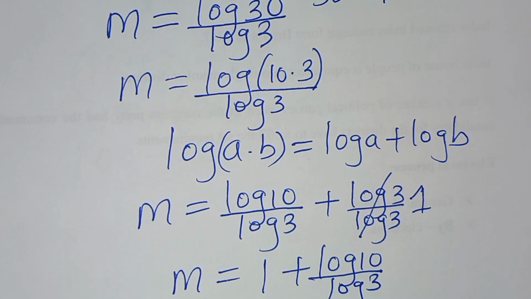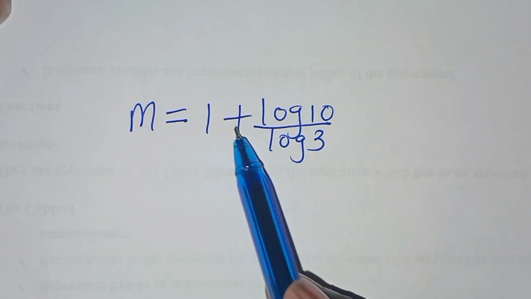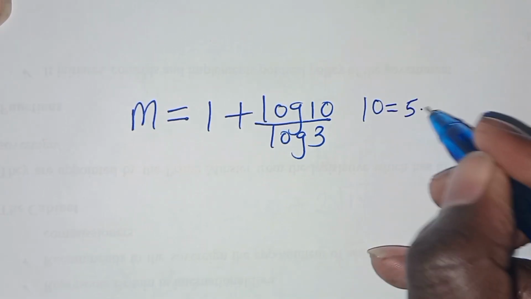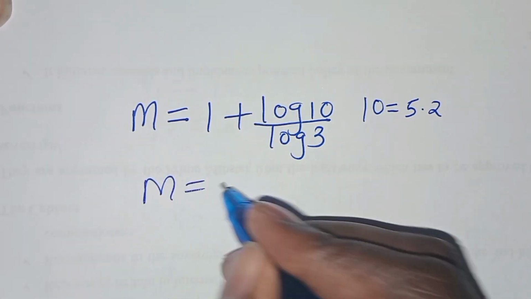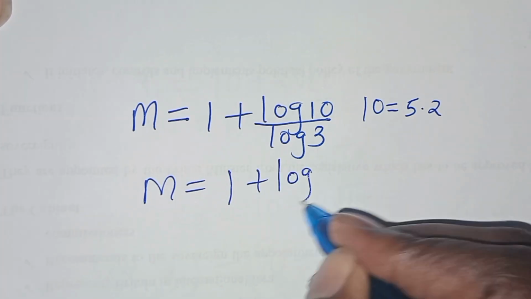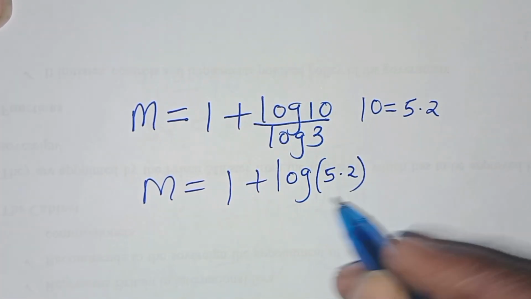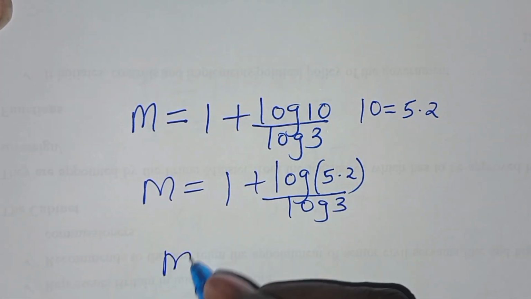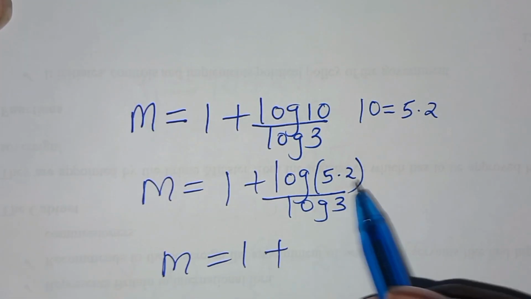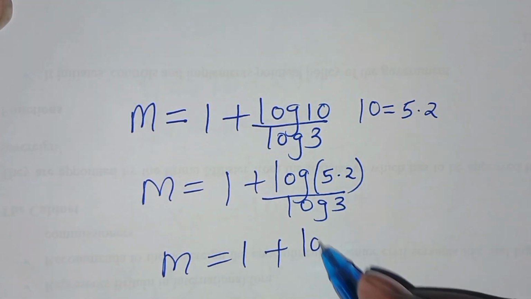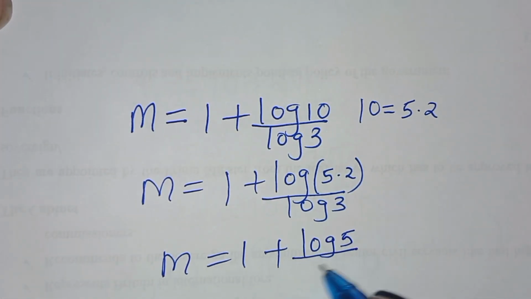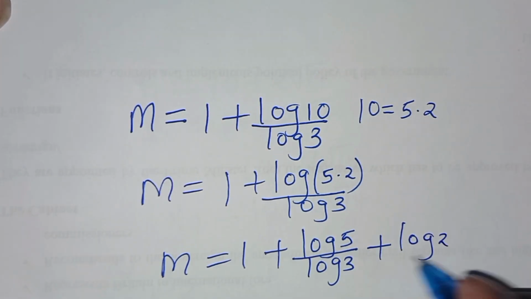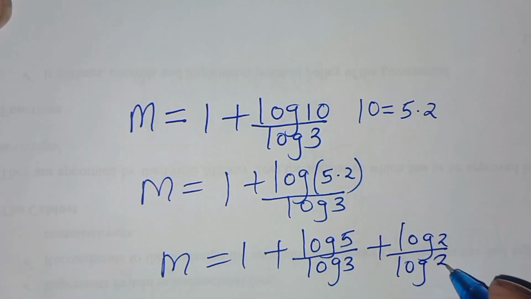So let's proceed. Now we have m is equal to 1 plus log 10 divided by log 3. So we can express 10 as 5 times 2. So here m is equal to 1 plus log 5 times 2 divided by log 3. And this implies that m is equal to 1 plus, now log 5 times 2 can be expressed as log 5 divided by log 3 plus log 2 divided by log 3.